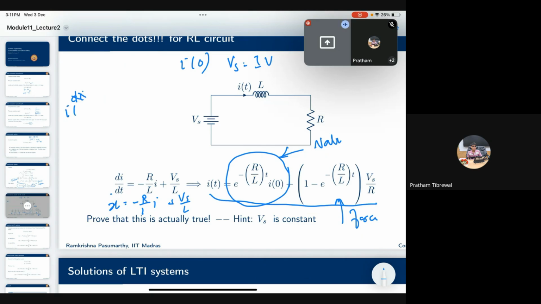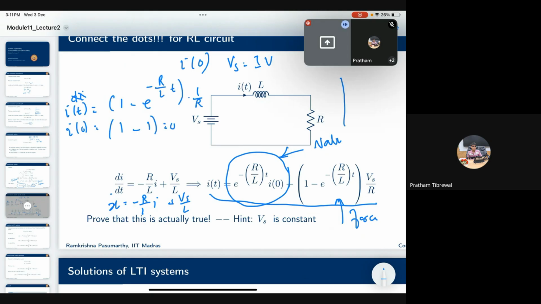I of t is 1 minus e power minus R over L t times 1 over R. Now first, what happens at t equal to 0? I at 0 is 1 minus e power 0, which is 1 minus 1. So I of 0 will be 0.